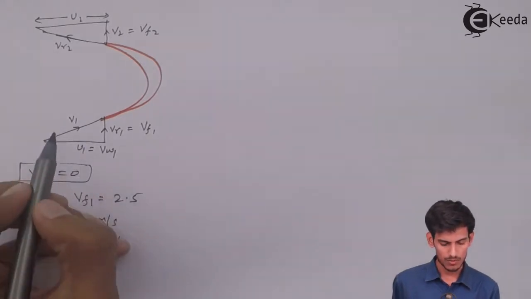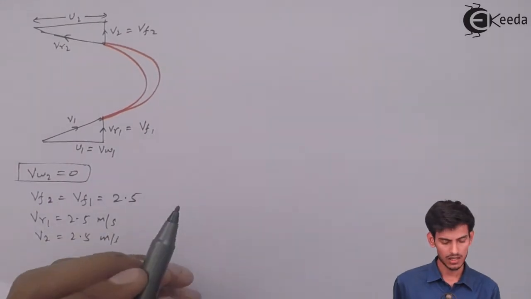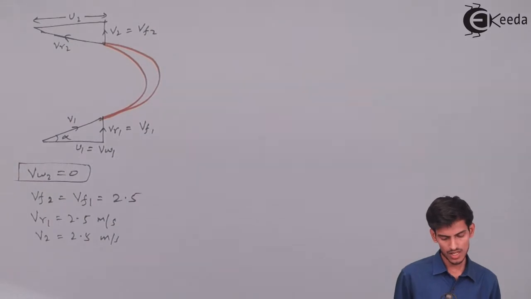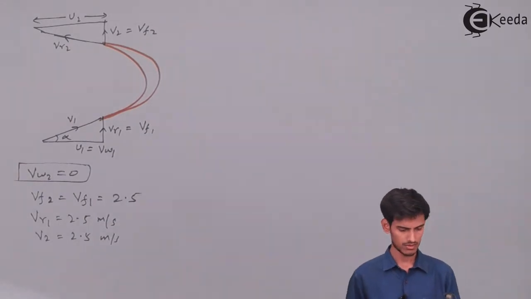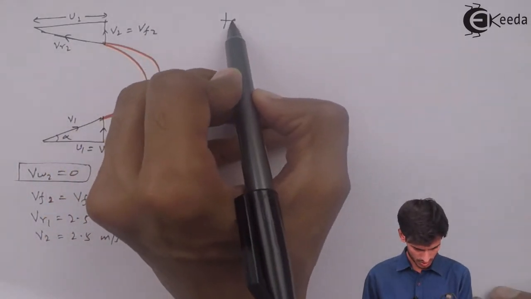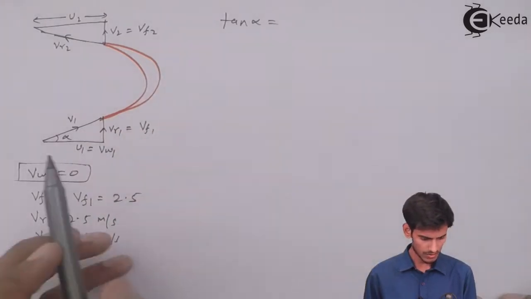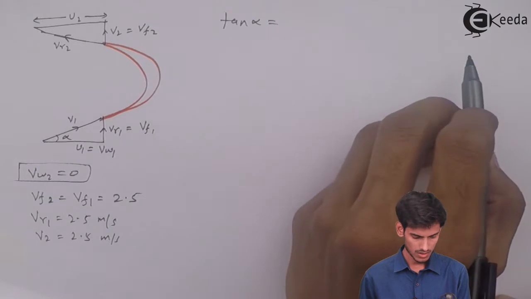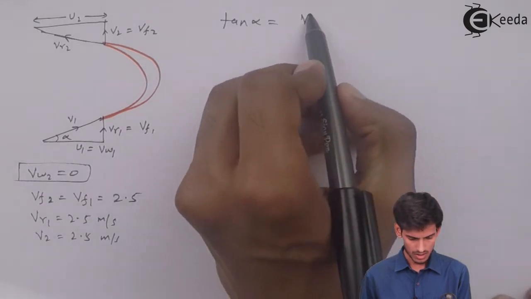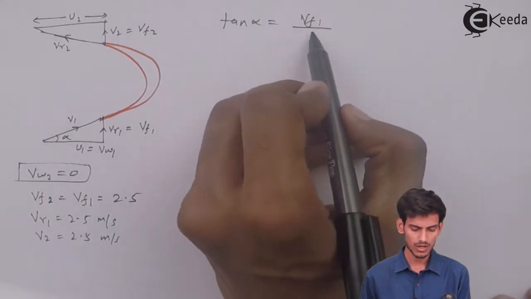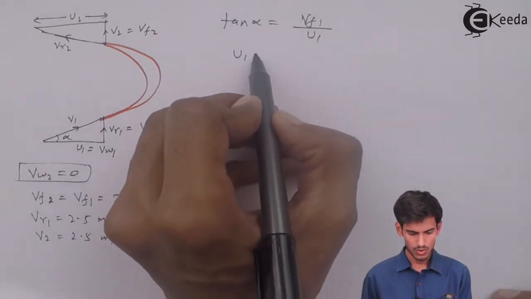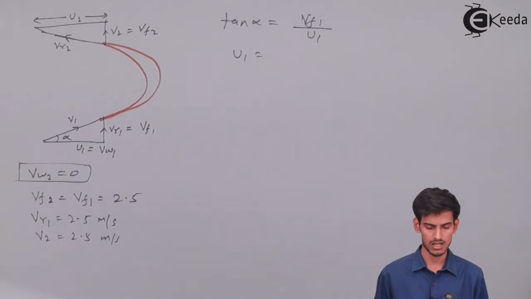Now let's use trigonometry in the inlet triangle. This angle is alpha, so let's use tan alpha and see what we get. Tan alpha is nothing but opposite upon adjacent, so opposite is Vf1 upon the adjacent side U1, so U1 comes out to Vf1 upon tan alpha.